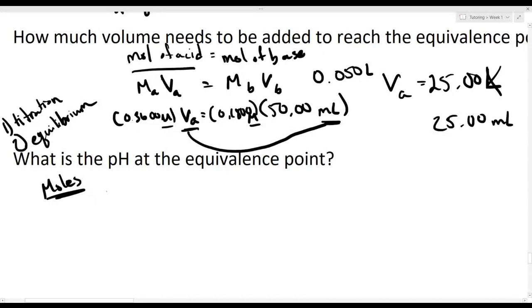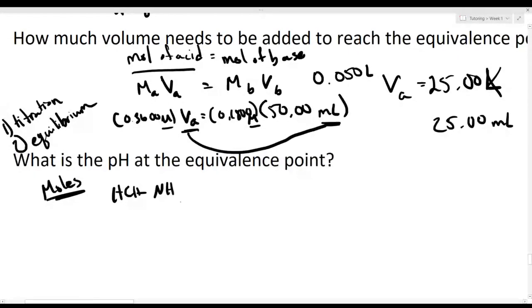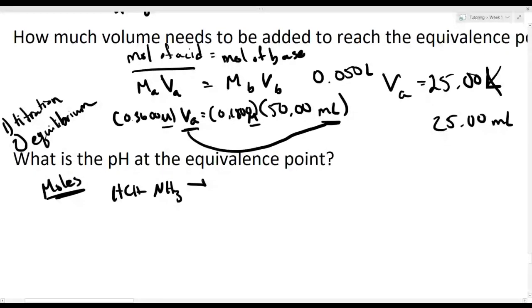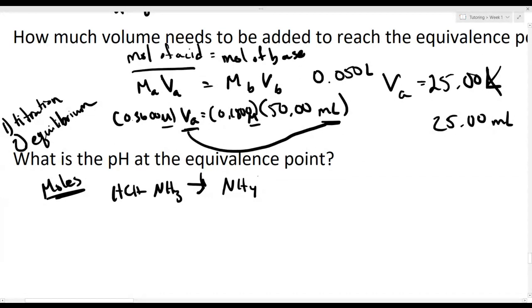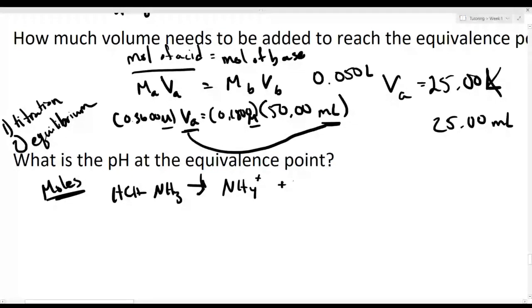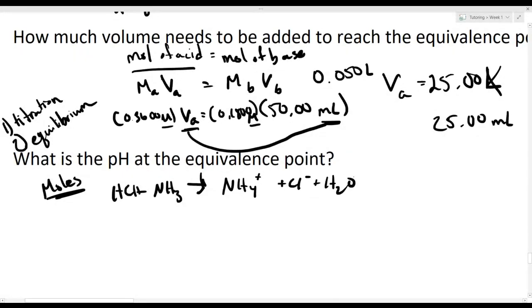I know that the general equation is HCl plus NH3, with a single arrow because of the titration; it's a reaction, not an equilibrium. It's going to equal NH4+ and Cl-. Actually, no, that's not right, ignore that.